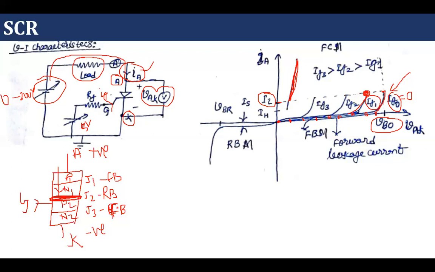Similarly, again we are increasing the gate current, the device will turn on faster. Again we increase the gate current, again the device turns on, but there will be a maximum gate current limit, otherwise this gate junction will burn out.